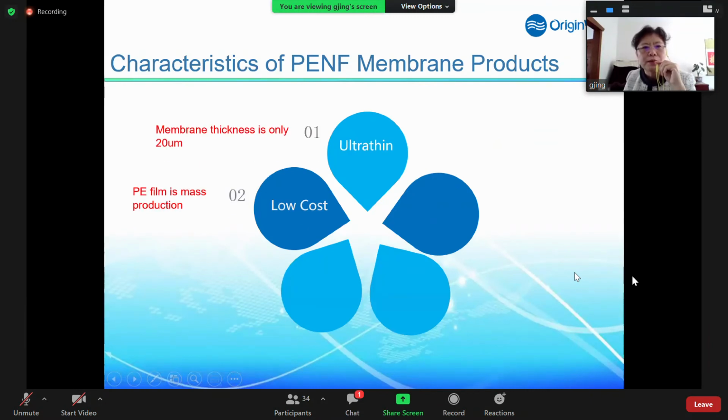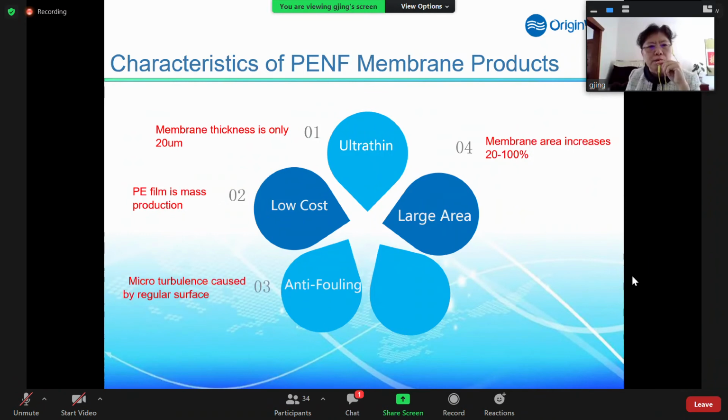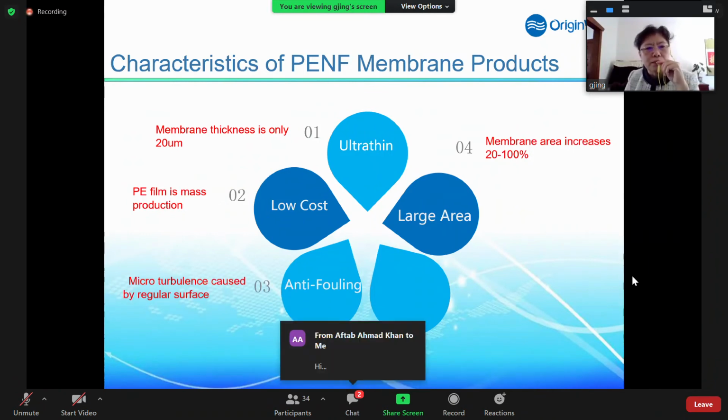To summarize the characteristics of PENF membrane products: the membrane thickness is only 20 micrometers, and the PE film is mass produced and easy to get.